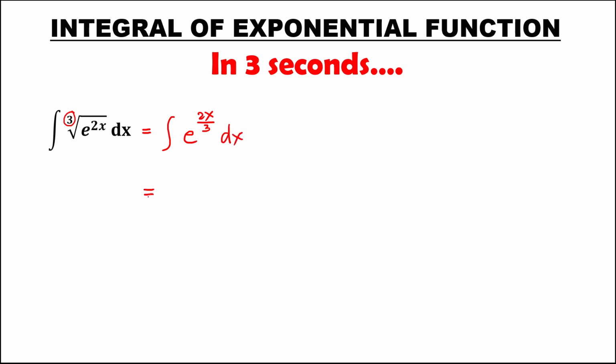To evaluate now the integral, since the derivative of 2x over 3 is 2 over 3, we need to find the reciprocal of 2 over 3. So the reciprocal of 2 over 3 is 3 over 2. Then copy this given, e to the power 2x over 3, then plus c.